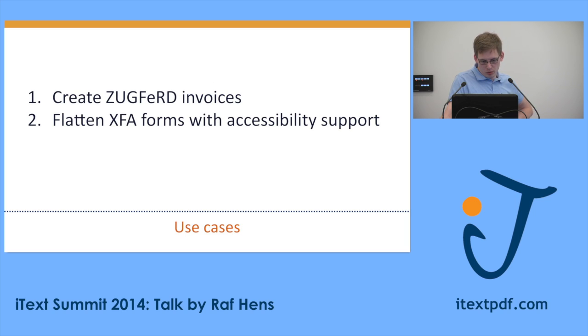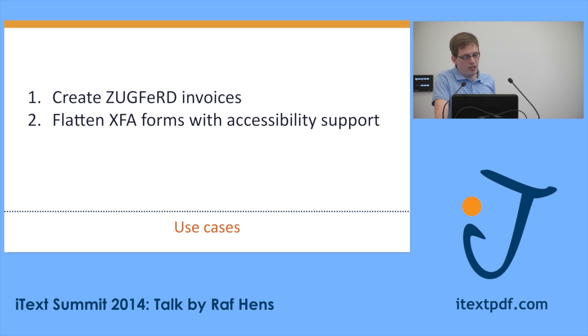All right, so that was the technology in iText supporting all this. I now want to show you two use cases using this technology. First, probably very important for the German market, is the ZUGFeRD standard to create electronic invoices, which are based on PDF/A-3.